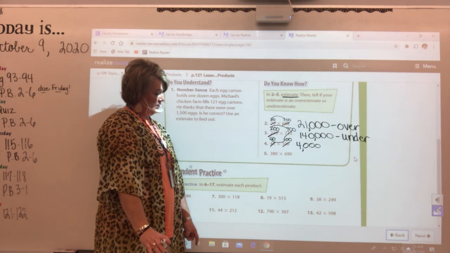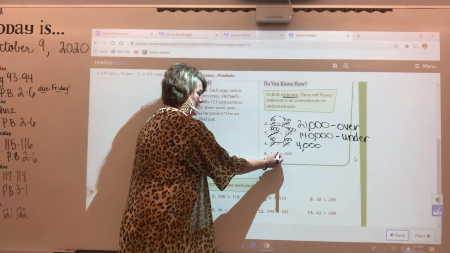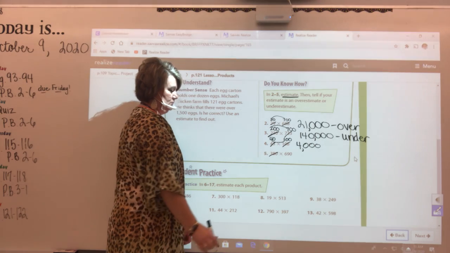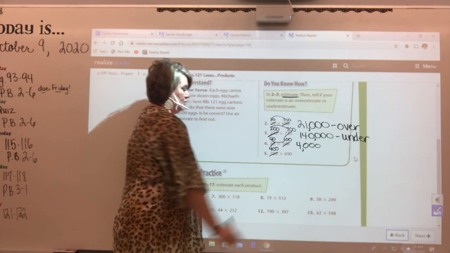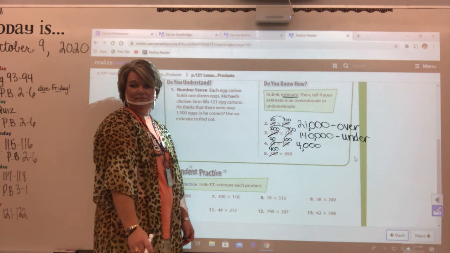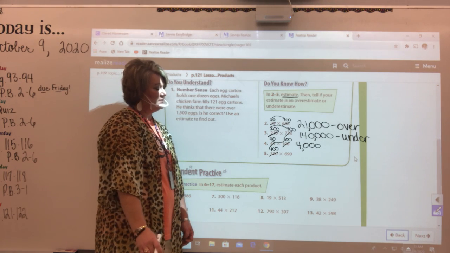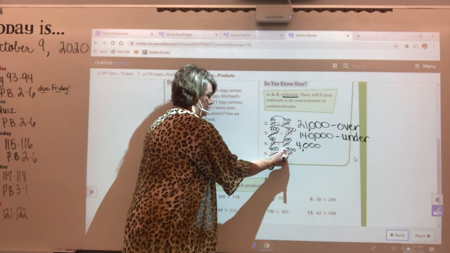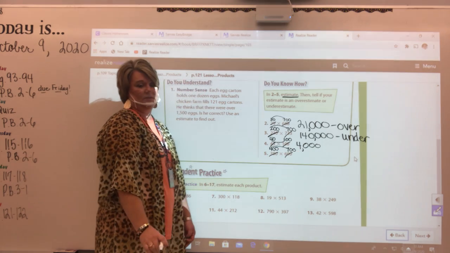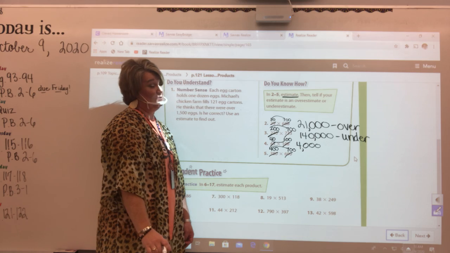So, Kaden, on number 5, what do you want to call 380? 400. I think so too. Jake Lee, what about 690? 700? Mm-hmm. So now draw your rainbow from 4 to 7. And 4 times 7 is, oh, who knows this?